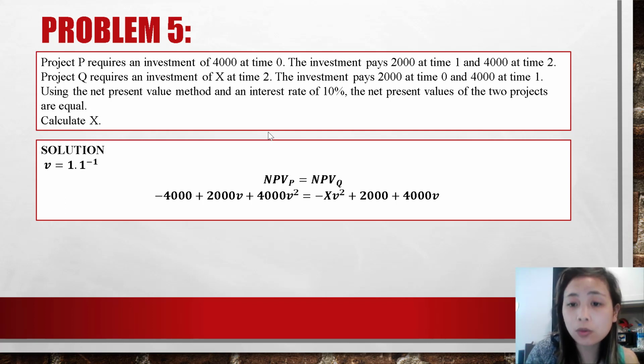At time 0, we receive 2,000. And at time 1, we receive 4,000. And then here V is given as 1.1 to the negative 1, and X is not given. This is an equation of X, and this is a linear equation. So go ahead and solve for X. We get X is 5460.